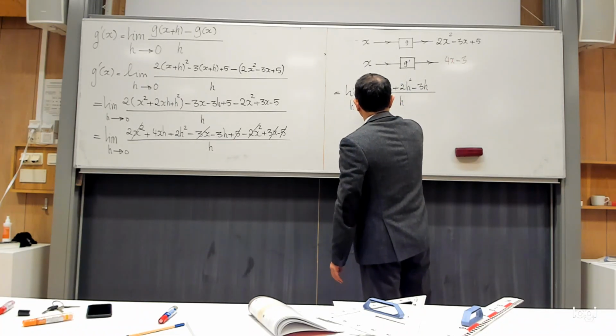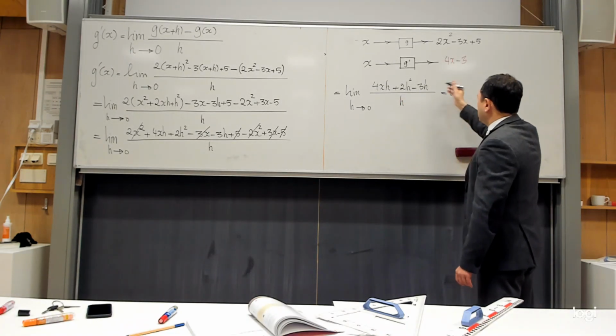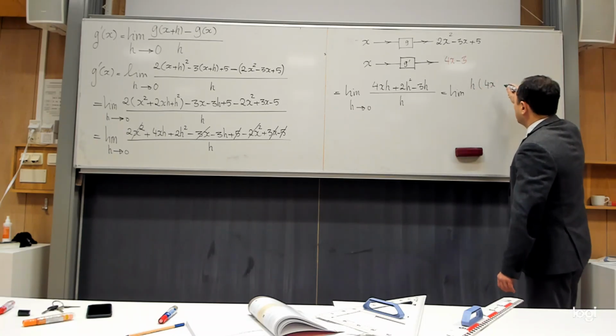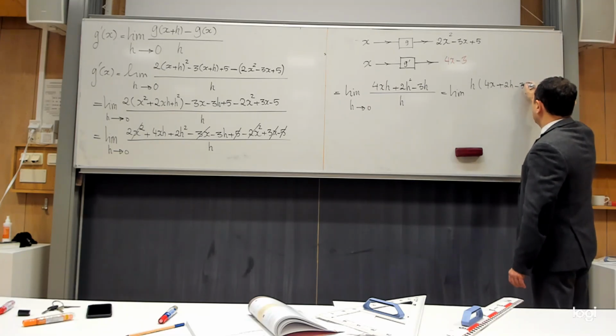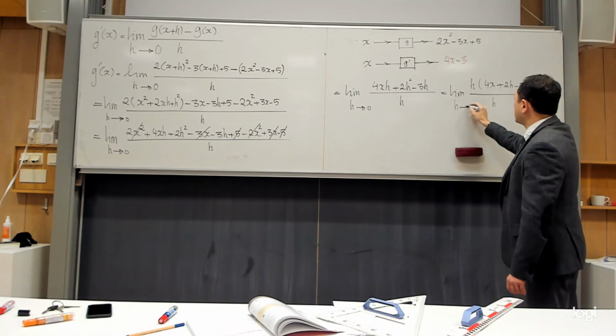I hope that you know that you are not allowed to simplify in this form, but I can factor h out in the numerator. I will get 4x plus 2h minus 3, and then I divide it by h, h goes to 0.